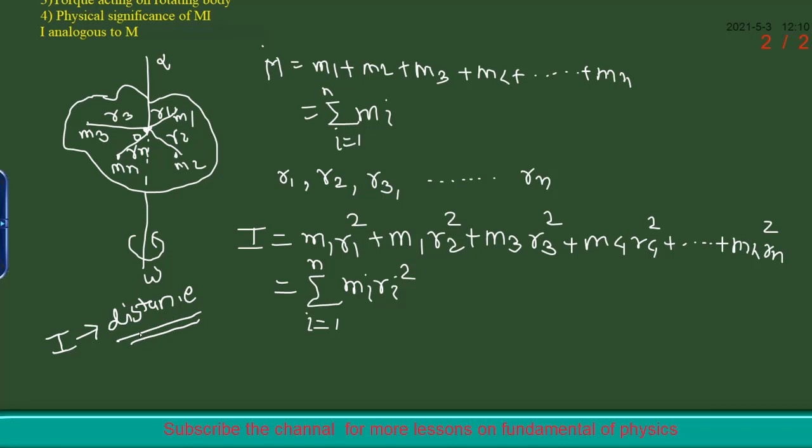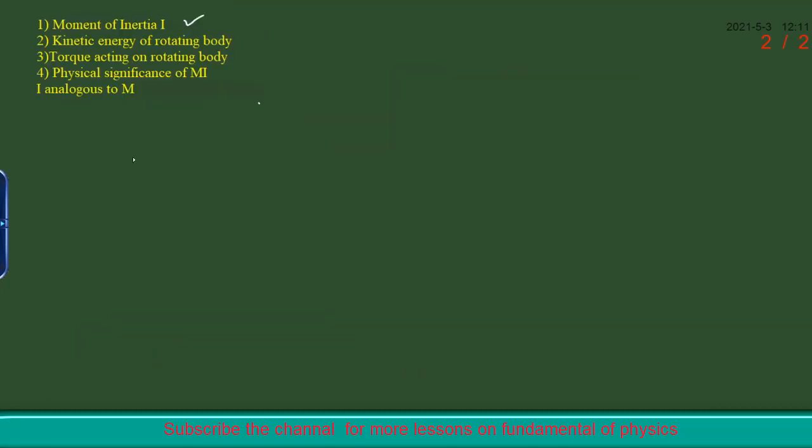It depends on the distribution of mass, that is, the distance of each mass from the axis of rotation. This is the actual concept of the moment of inertia. Now we will find next the kinetic energy of this rotating body and the relation between this kinetic energy and the moment of inertia. This is our next article.